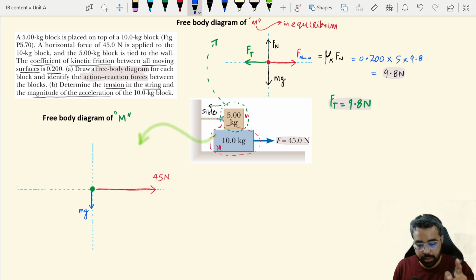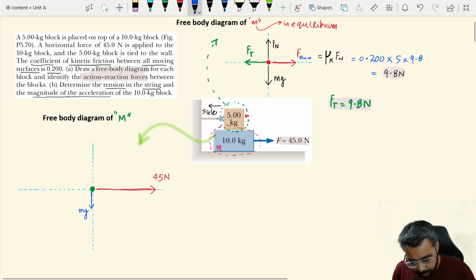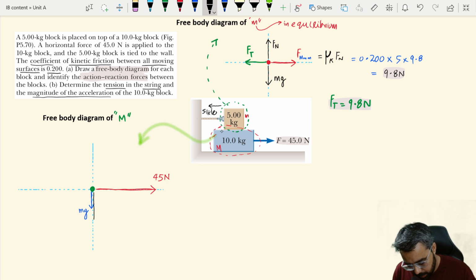Remember, small mg is the force due to the weight of the upper block, whereas another force, with a longer arrow representing the capital Mg, is the weight of the lower block. And if you sum these two collectively, it equals the normal force.